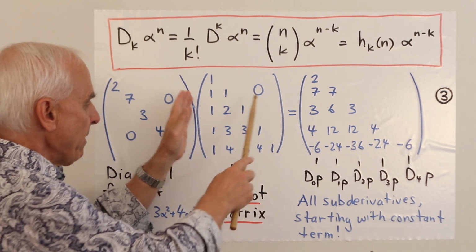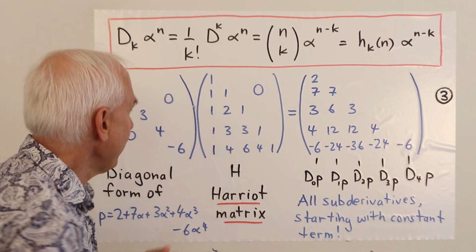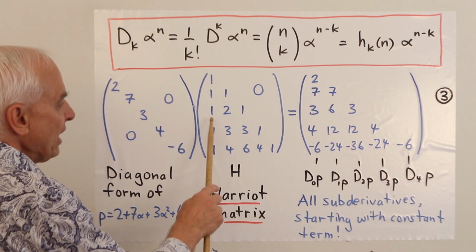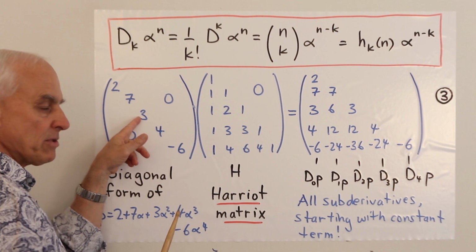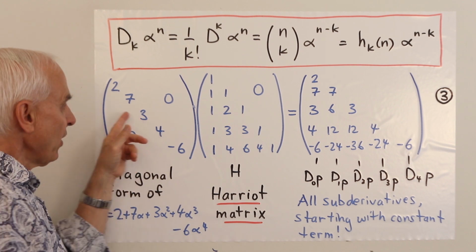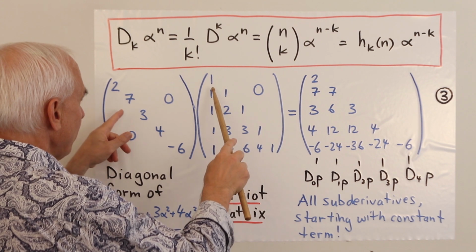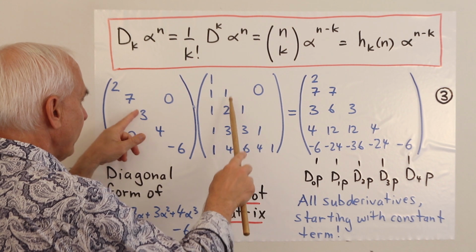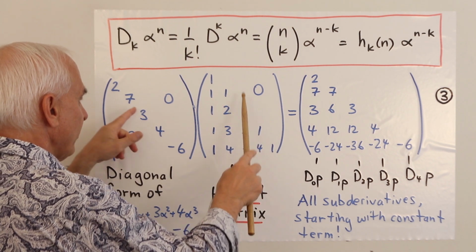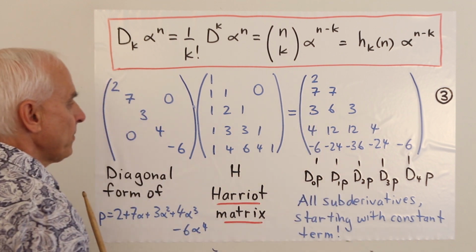When you multiply a matrix with a diagonal matrix on the left, then what happens is that each of the rows of this matrix gets multiplied by the corresponding factor on the diagonal. So if we look at what happens in this third row, that one gets multiplied by 3. This, that gets multiplied by 3. That entire row gets multiplied by 3.